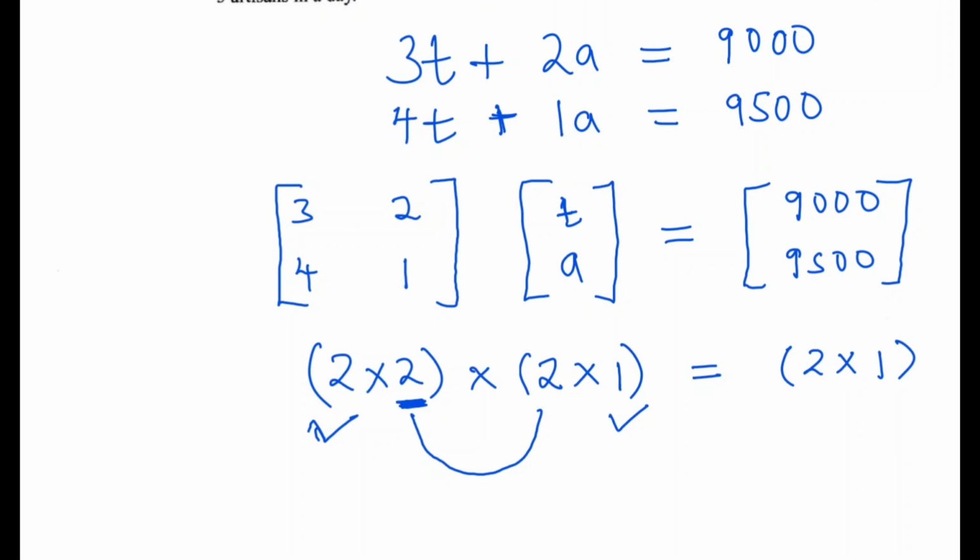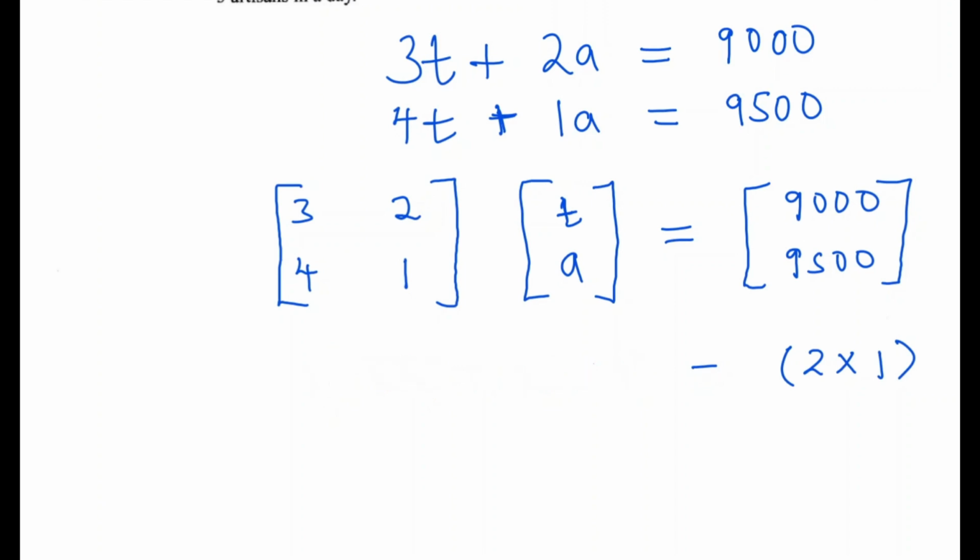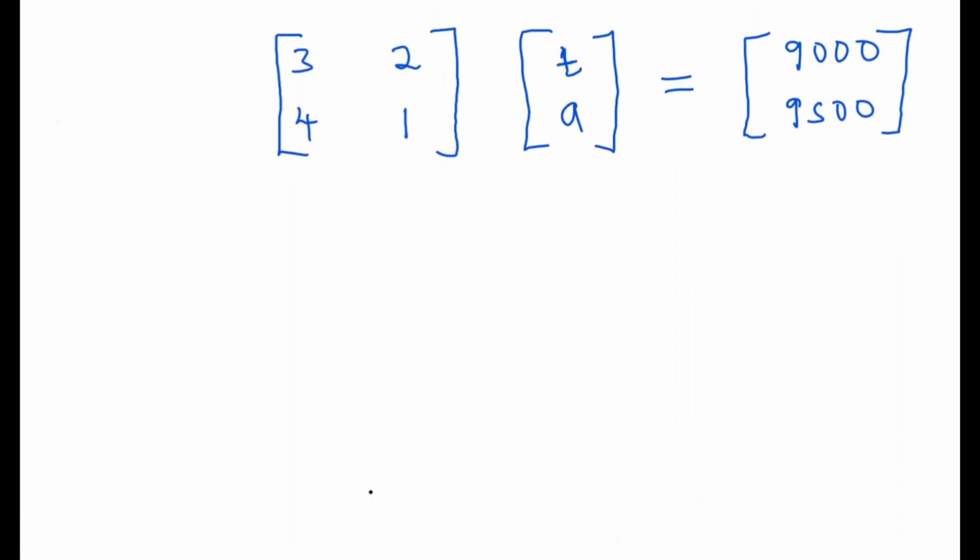And then when we multiply, our answer shall be, as an order, a 2 by 1 matrix, 2 taken from the number of rows in the first matrix and 1 taken from the number of columns in the second matrix. So now we have made our matrix.